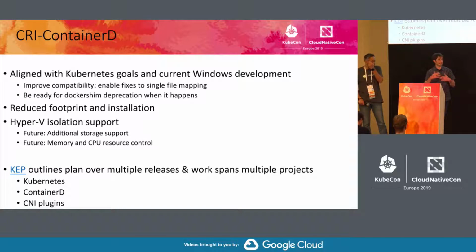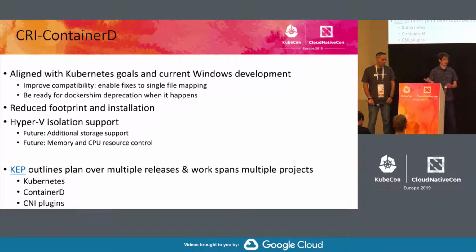And then once we get there, we could start actually doing some of the new development on the Windows side. And that's where I'm going to resume development on Hyper-V, because containerd gives fine-grained control over the stuff that's needed in Hyper-V.